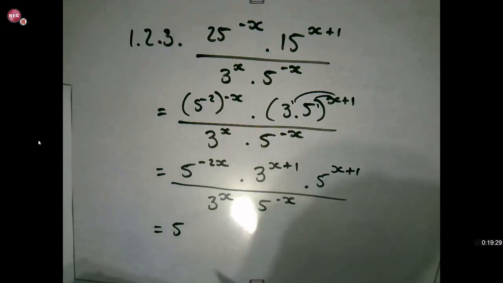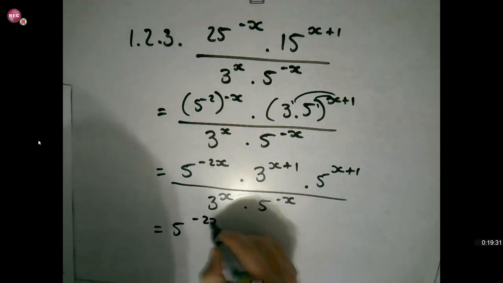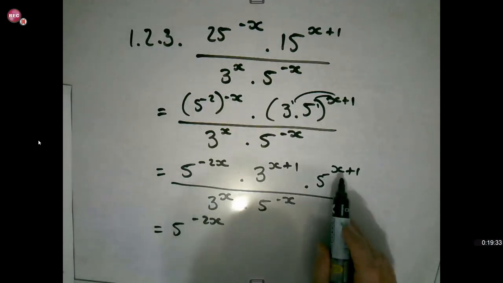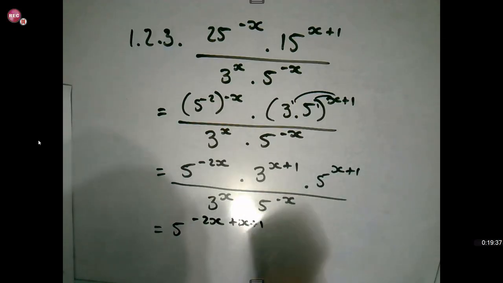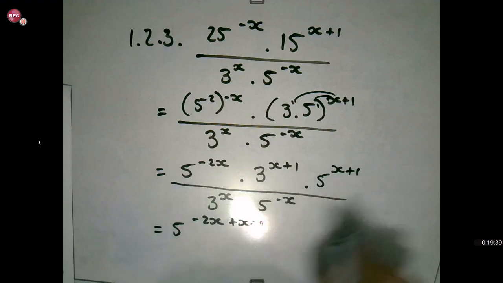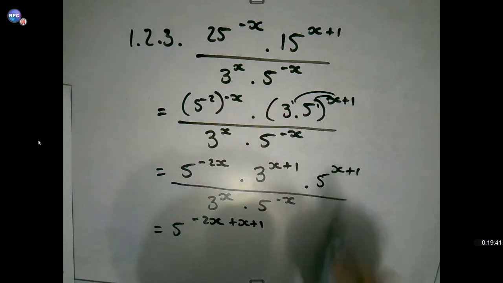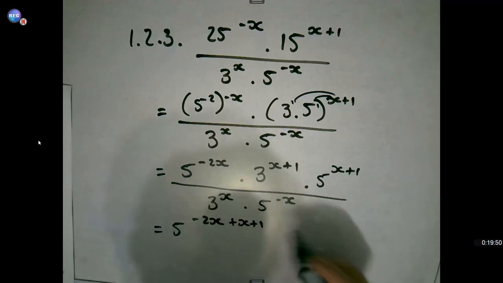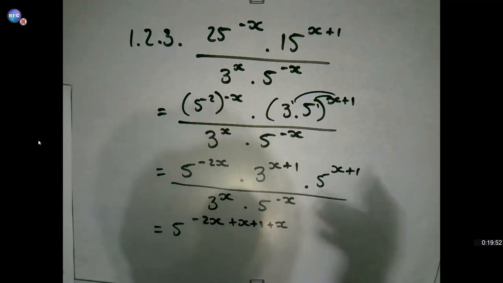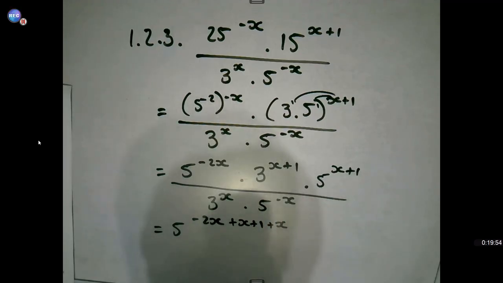We'll start off with the first one, which is negative 2x. The next one we've got is plus x plus 1, which is this story over here that we've got. And then we've got the x at the bottom. But if we bring the x to the top, it changes to a positive. It's like applying law number 6.